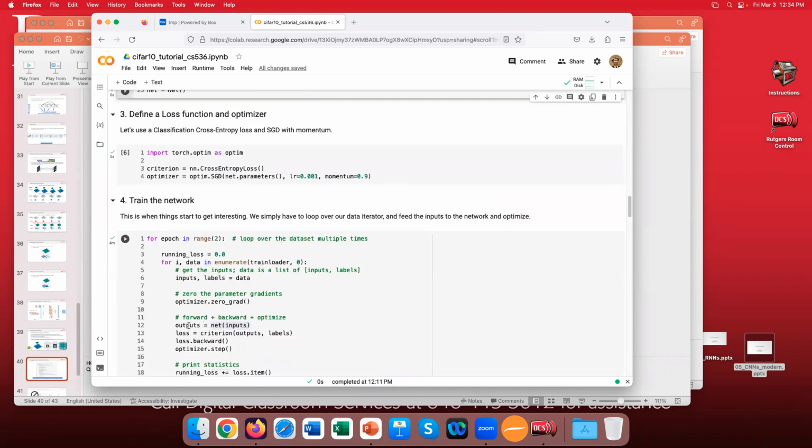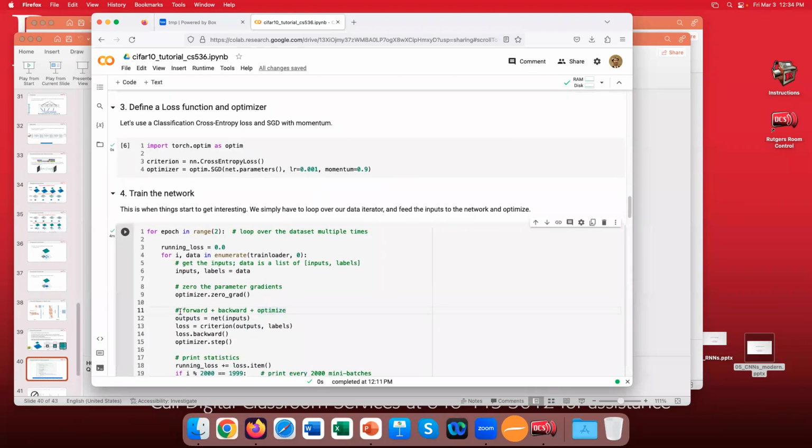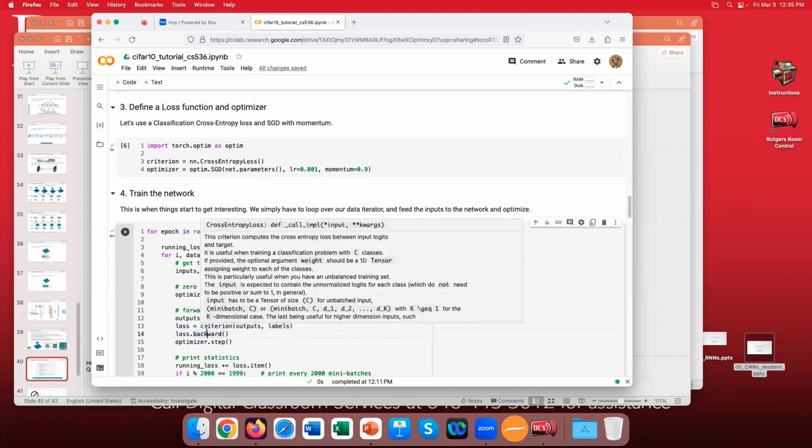So this is your output, and then you compare your output and your labels to compute the loss, and then you do the backward. When doing the backward, this is exactly like what we have discussed in the computational graph. It goes from the loss backward to all the parameters, to compute the gradient of all the parameters.